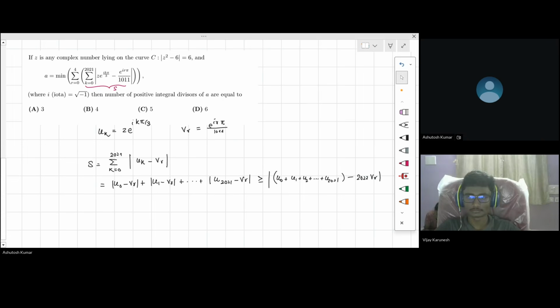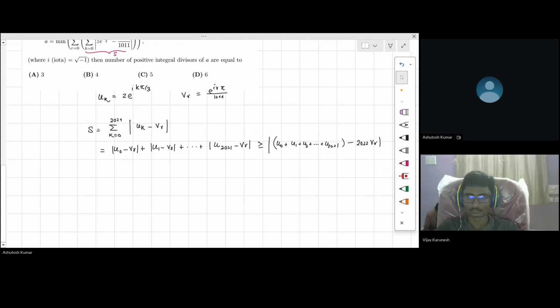It is actually one way to think in this way. Let me write this as equivalent to summation k goes from 0 to 2021 of uk, and this is 2022 vr, correct?